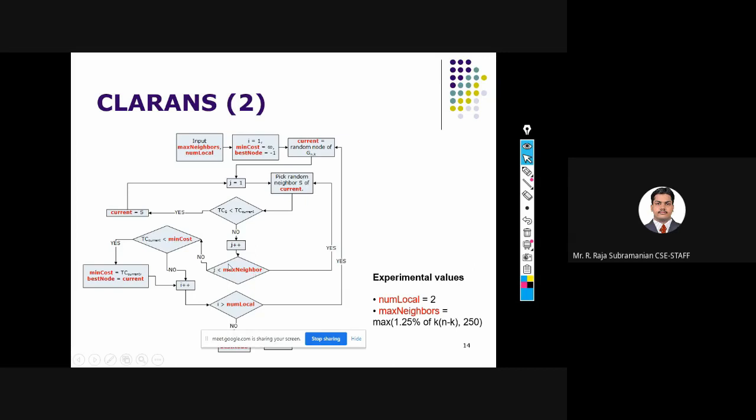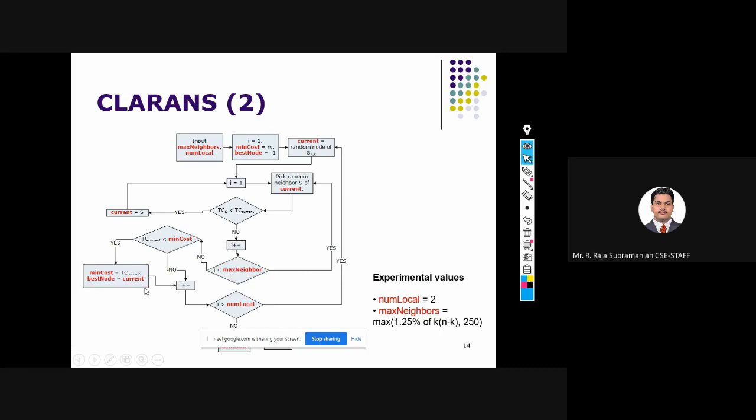So I proceed until j is less than max neighbors, randomly selecting other data points and so on. If the total cost is less than the minimum cost, the best node is updated as the current node. Otherwise, the current node will not be fixed. I'll again select another data point and do the same process again and again.